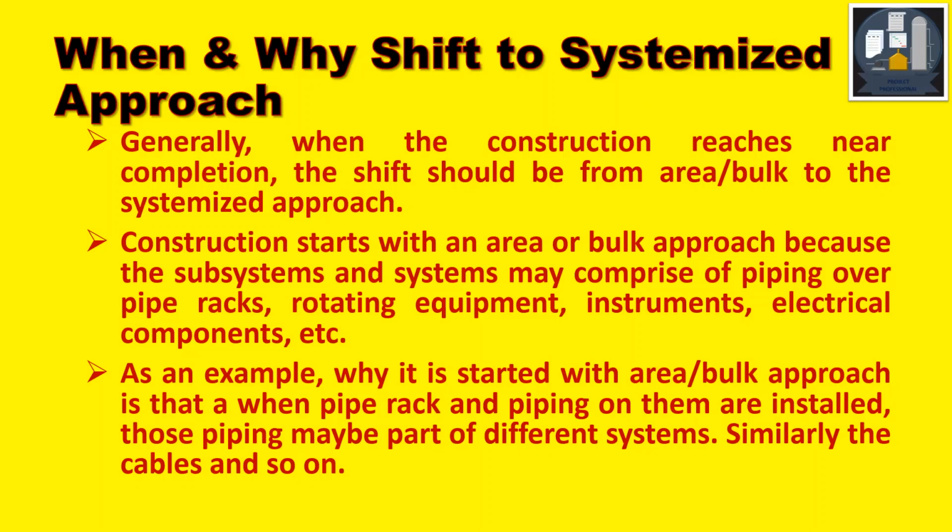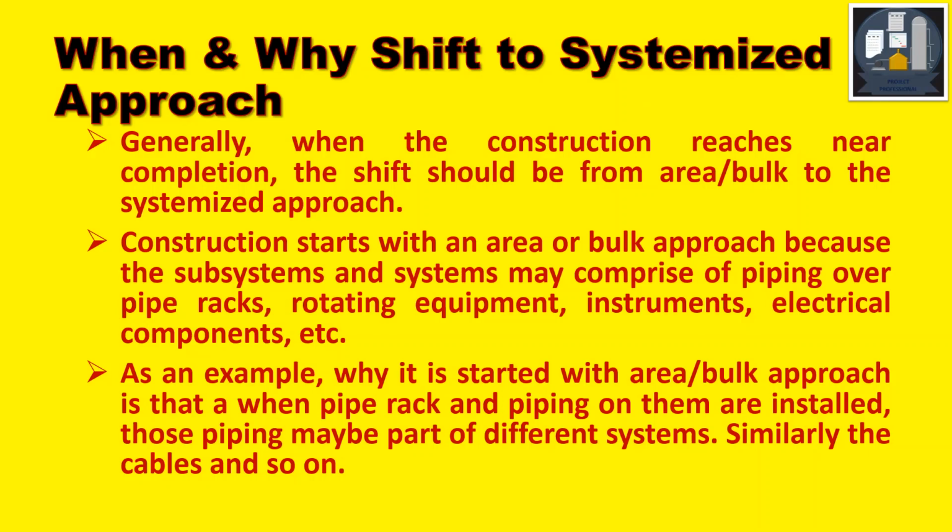Construction starts with an area or bulk approach because the systems and subsystems may comprise piping over pipe rack, rotating equipment, instrument, electrical component, etc. When we start the construction, we do the civil work, and then the pipe racks are constructed. On the pipe rack, there are so many pipes.